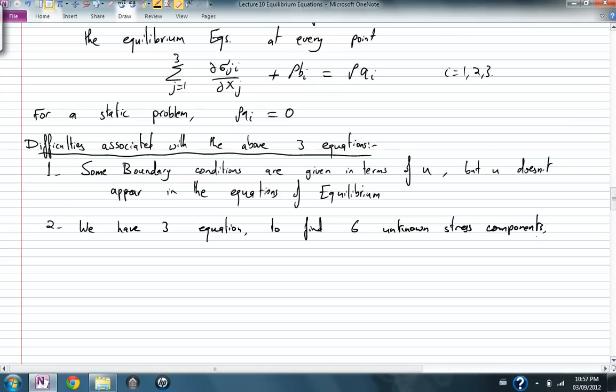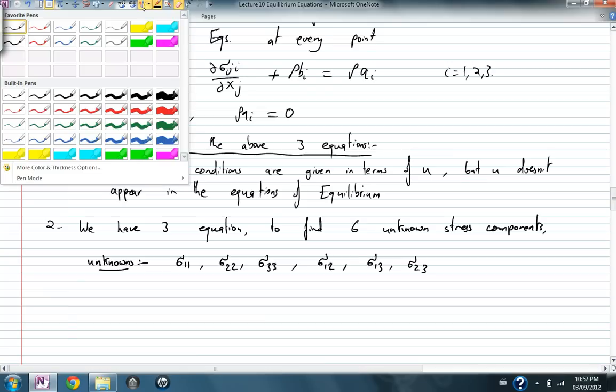So we have more stress components than the actual equations that we're trying to solve, because the unknowns are sigma 11, sigma 22, sigma 33, sigma 12, sigma 13, and sigma 23.